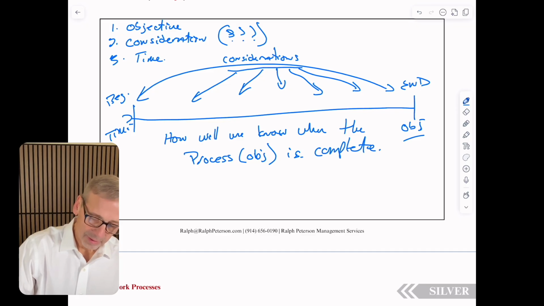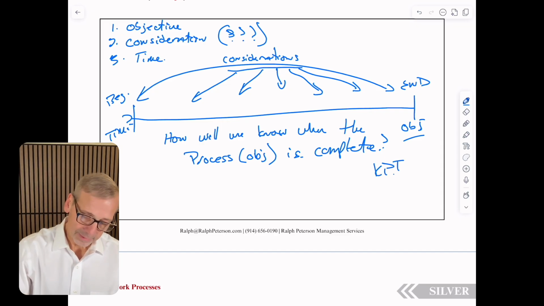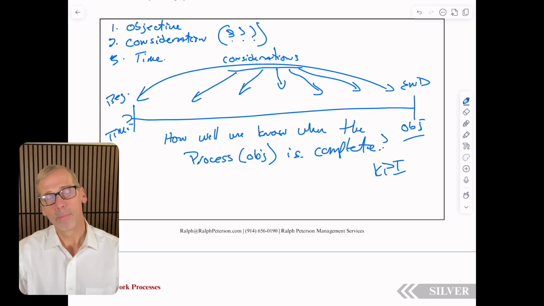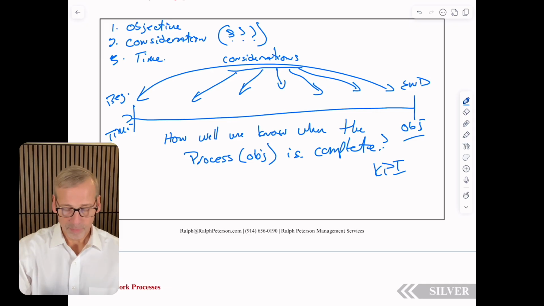That is the entire point of a key performance indicator, a KPI. How do we know?